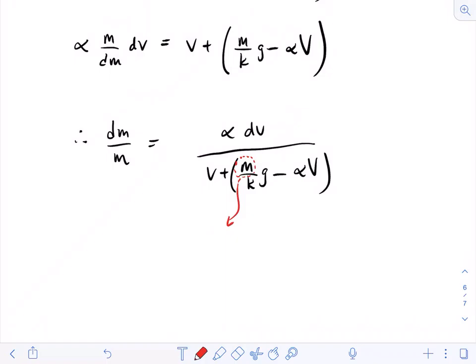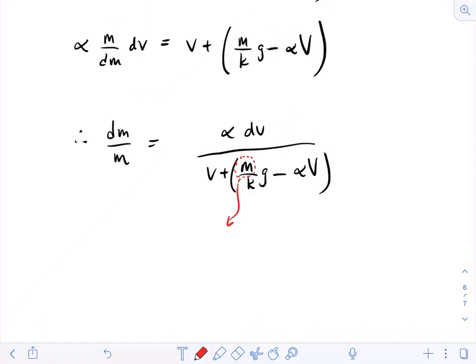Before, what we had is we had all of the terms involving mass on the left hand side of our equation. We integrated that and we get the ln of m. And then on the right hand side we had only constants and just velocities and dv's.